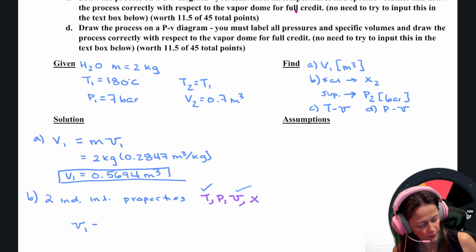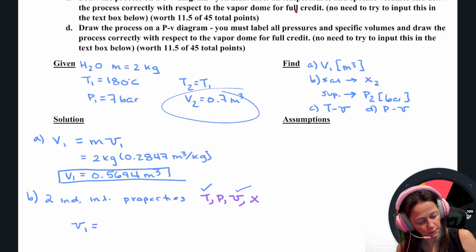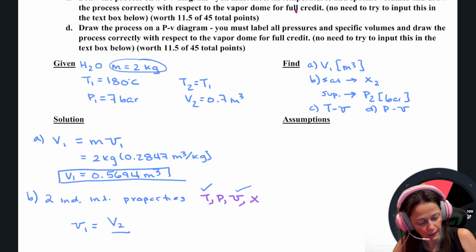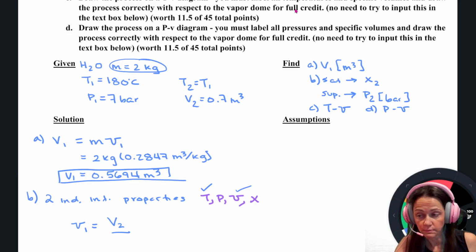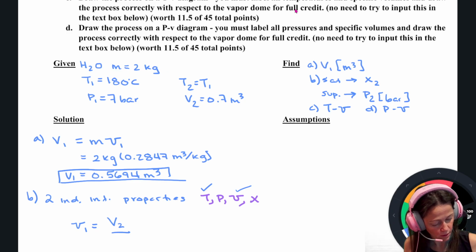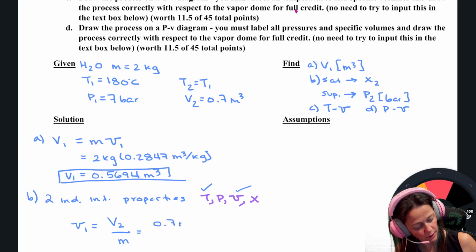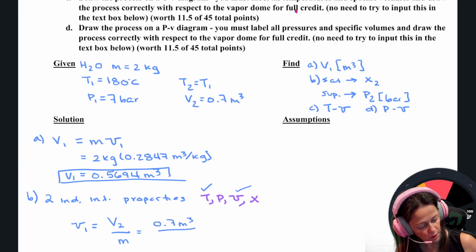So I know v1 is going to be the volume at state 2 over the mass, which doesn't change, right? Okay, so 0.7 meters cubed over 2 kilograms. Perfect.